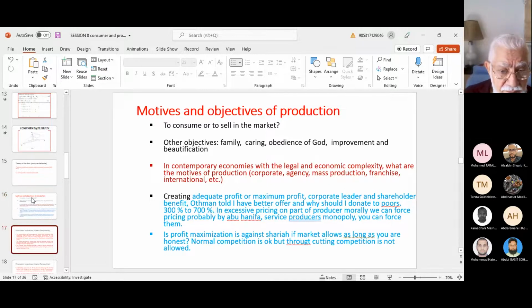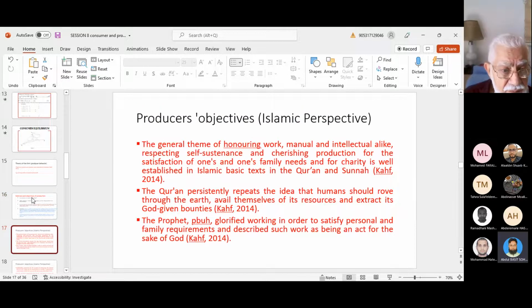Okay, sir, continue please. Producer's objective with respect to Islamic perspective. The general theme of honoring work, manual and intellectual alike, respecting self-sustenance and cherishing production for the satisfaction of one's and one's family needs and for charity is well established in the Islamic basic texts, in the Quran and Sunnah.